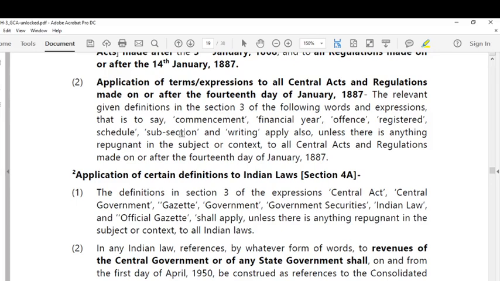Right, with this, I would like to conclude the first session on the General Clauses Act. Here we discussed the purpose of the act and why it has come into force, and we have discussed certain definitions which are important, highlighting them for our examination.